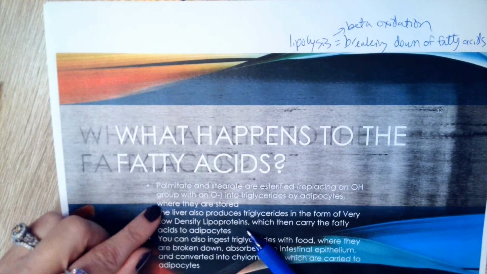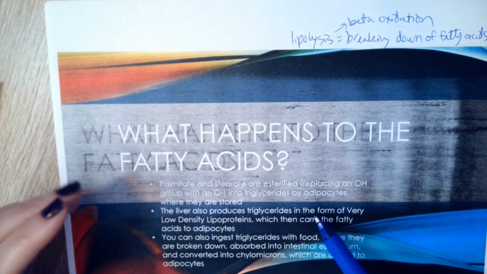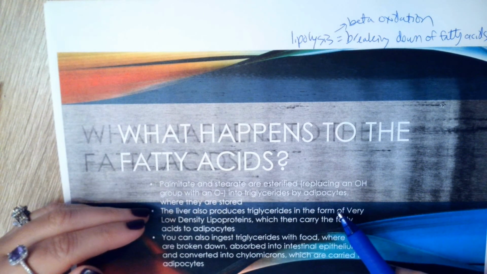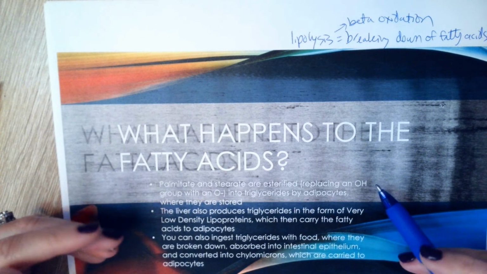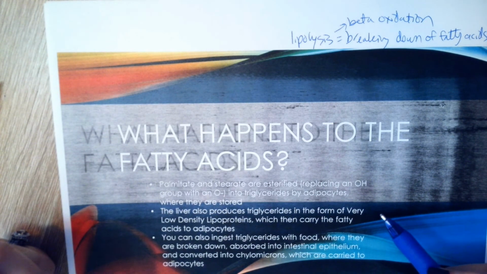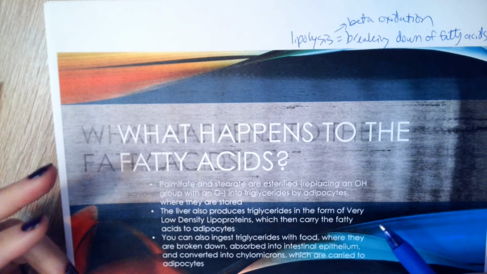Now, the liver can make other kinds of triglycerides, and you've probably heard of high-density lipoproteins, which would be the so-called good cholesterol. It has more protein than fat in it. I should say, a higher proportion of protein.